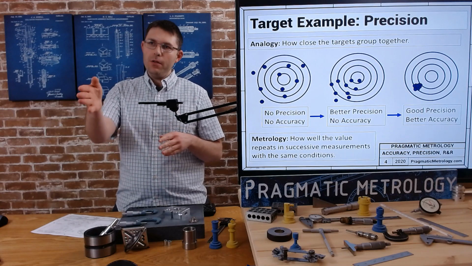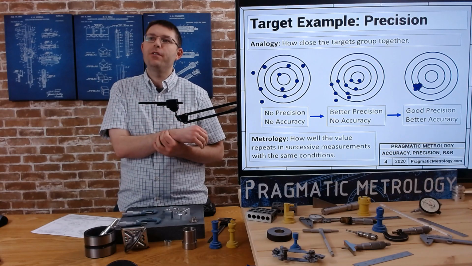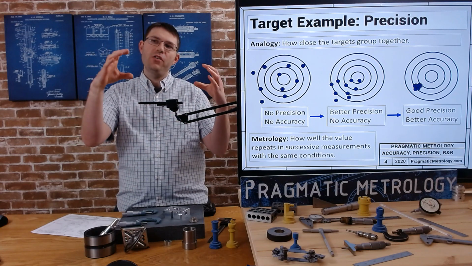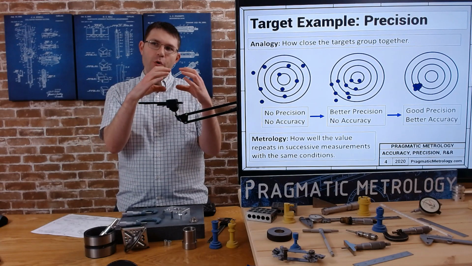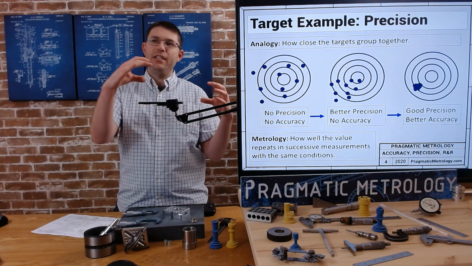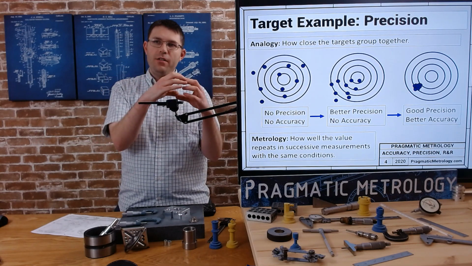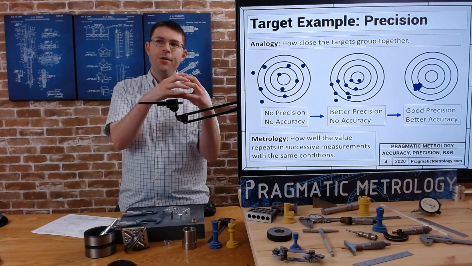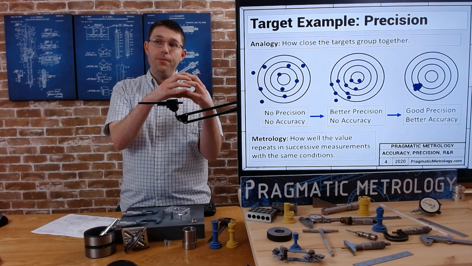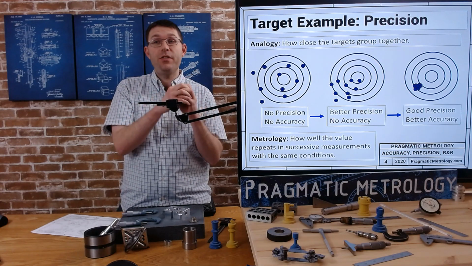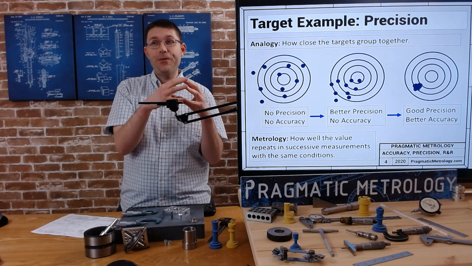The middle has better precision and no accuracy. So the grouping got smaller, but it's not any more accurate than before. It's still off center. You can see that it's kind of closing in on a center point by getting a smaller grouping, and that center point isn't near the bullseye.